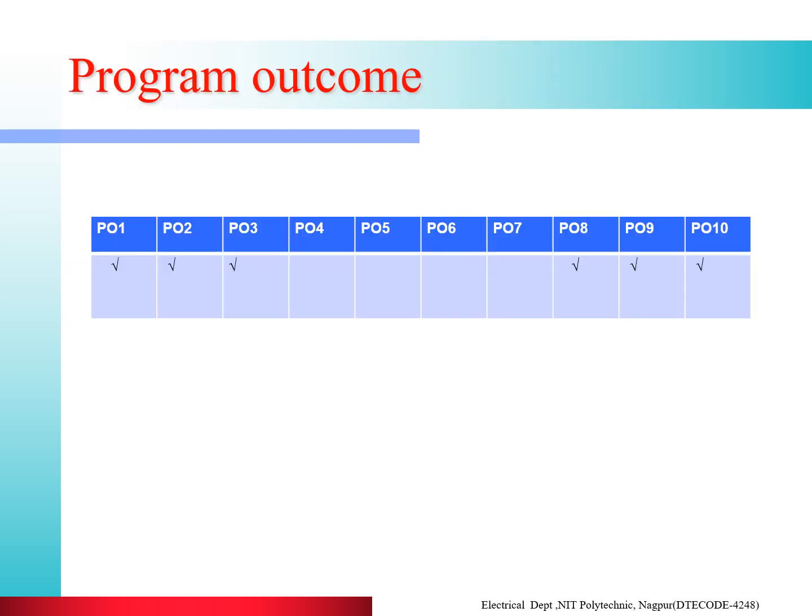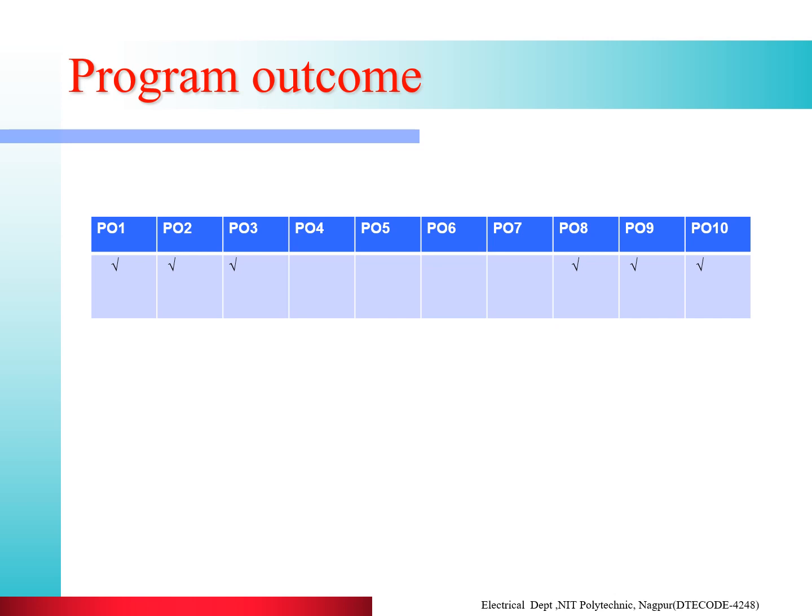Here the difference between two quantities is used, so basic knowledge PO1 is mapped. PO2: here current with phase difference is used, so the discipline knowledge of current and voltage in the current transformer is mapped, so PO2 is mapped.